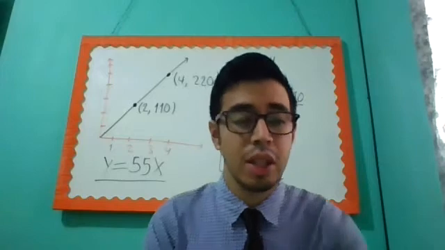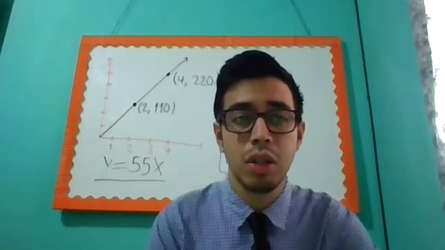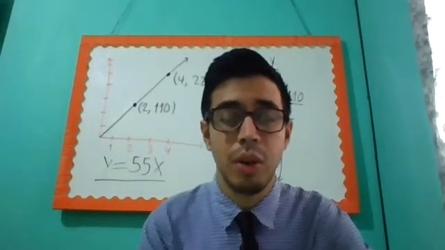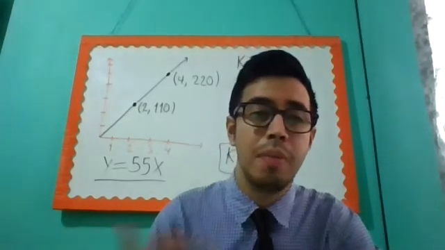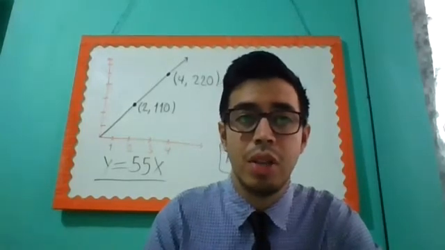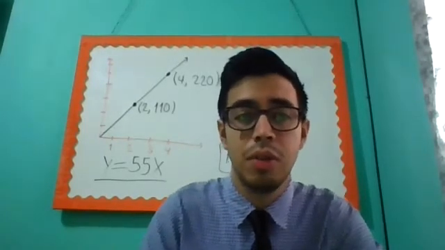In the graph, you can see that the vertical line represents the cost, the Y is representing the cost, and X is representing the number of tickets. So depending on the number of tickets you buy, you are going to have a different cost.